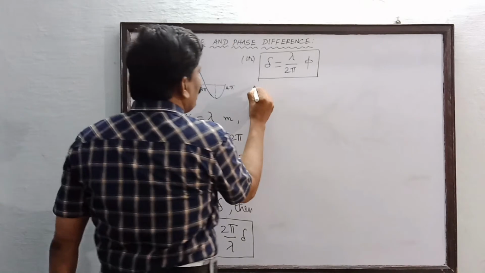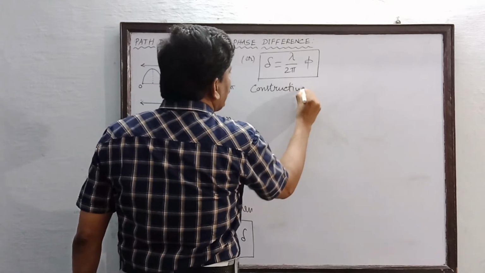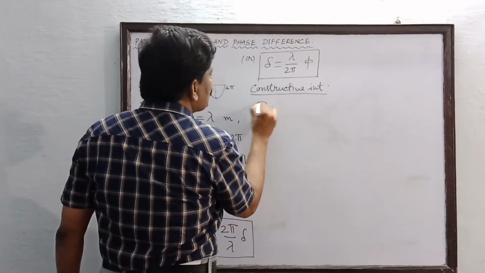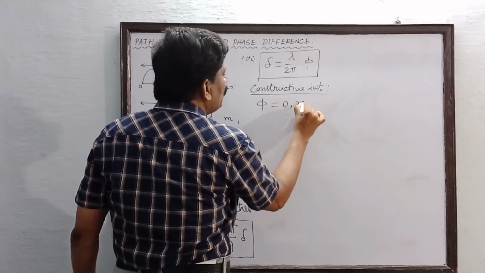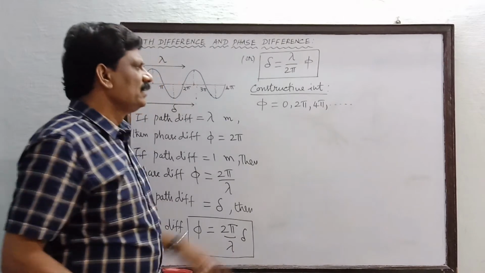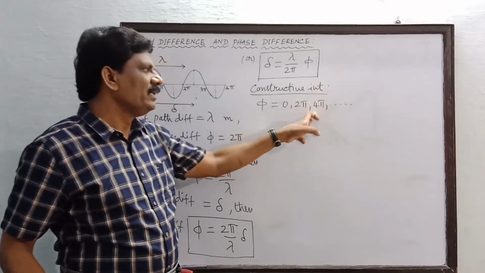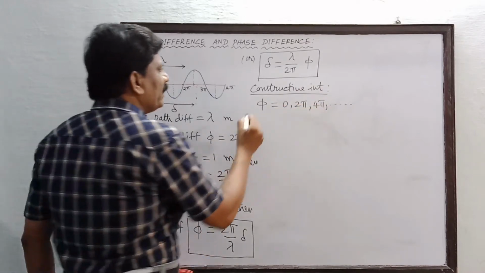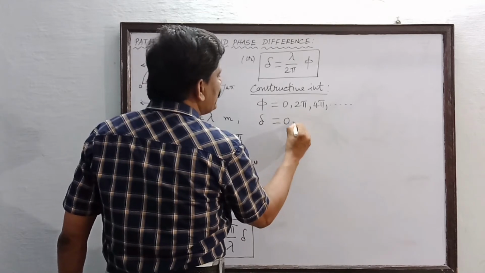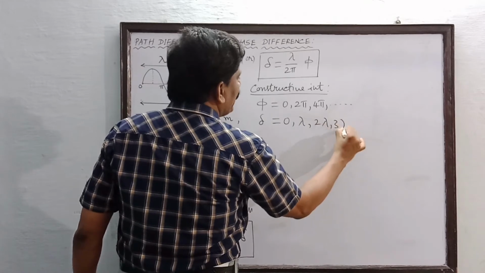Okay students, now for constructive interference, this phi must be equal to 0, then 2 pi, 4 pi, etc. That is 0, 2 pi, 4 pi, 6 pi, 8 pi, like that, even multiples of pi. And this path difference should be equal to 0, then lambda, then 2 lambda, 3 lambda, like that.